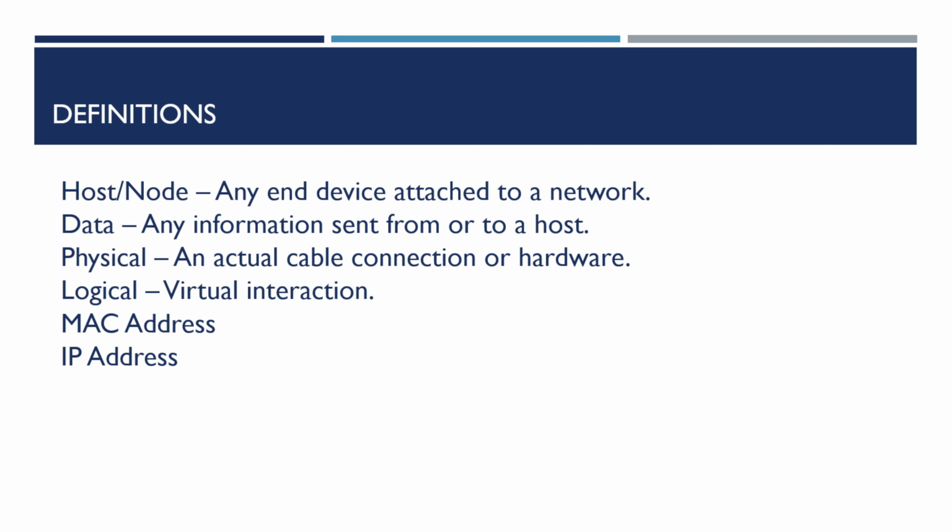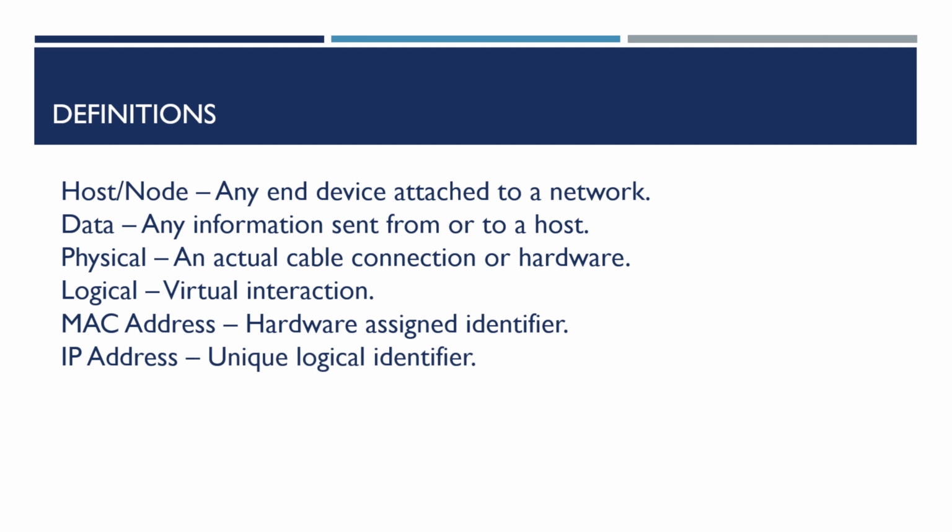It might just be the way that those devices function at a virtual or configuration level. MAC address is a hardware assigned identifier. An IP address is a unique logical identifier. Again, logical is a virtual identifier, whereas a MAC address is a hardware assigned or a physical identifier.